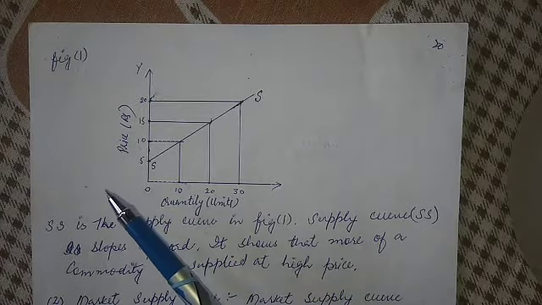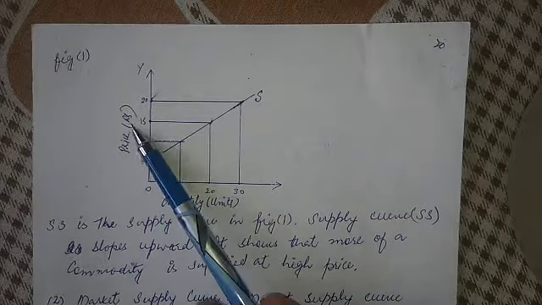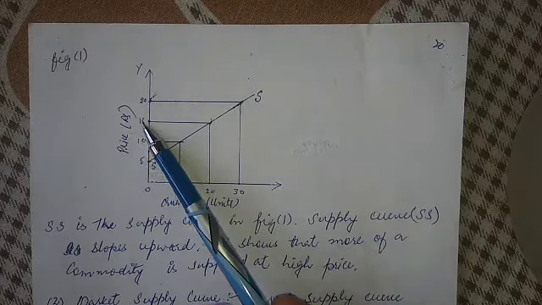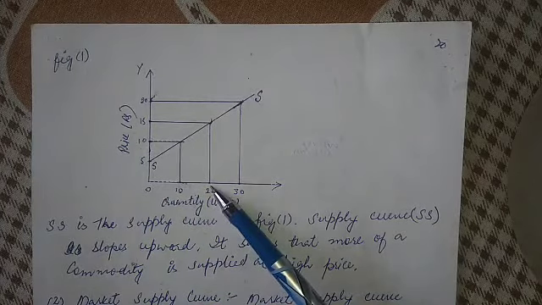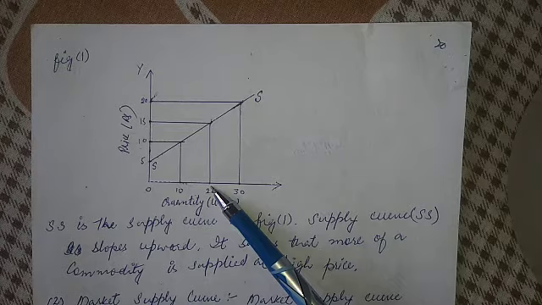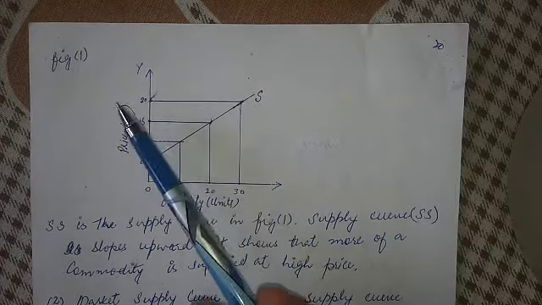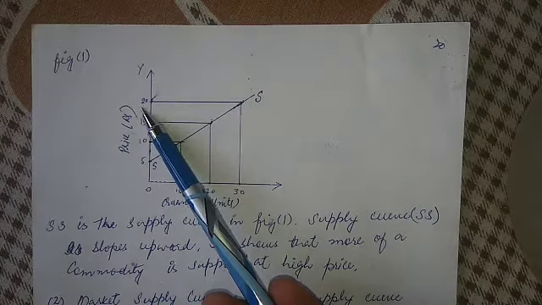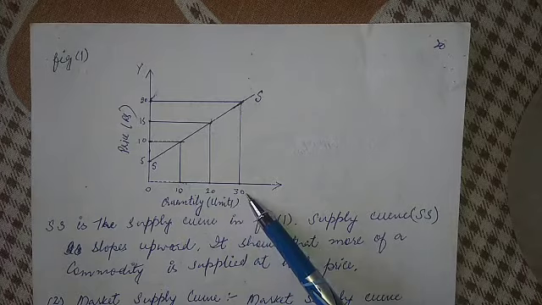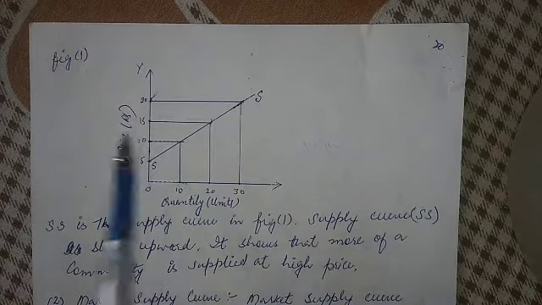When the price is rupees 15, the firm is ready to sell 20 units, and when the price is rupees 20, the quantity supplied increases to 30 units.